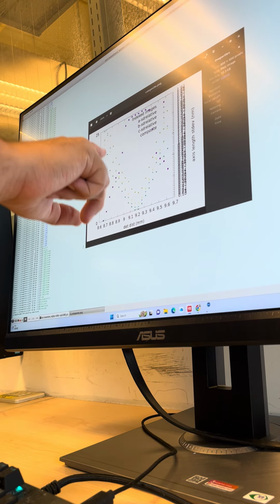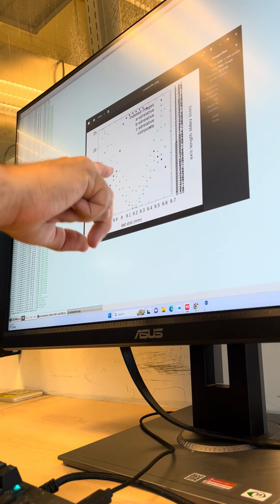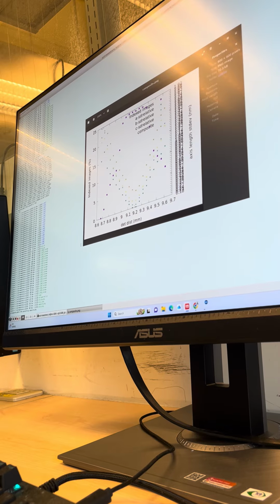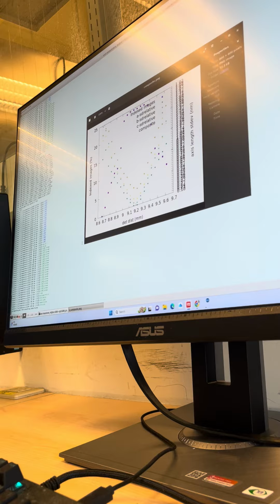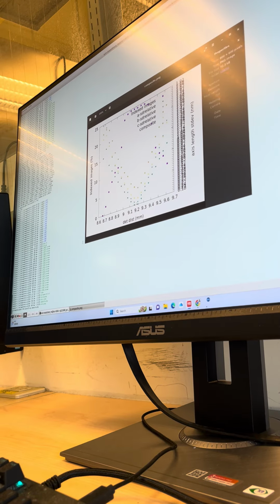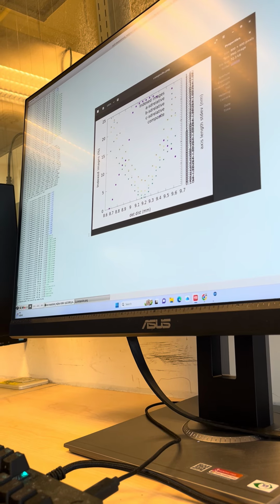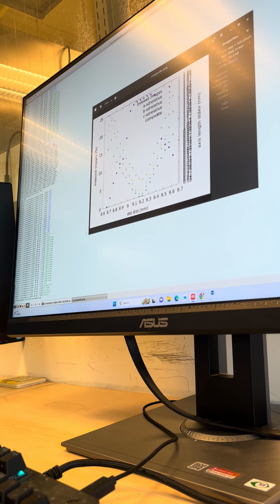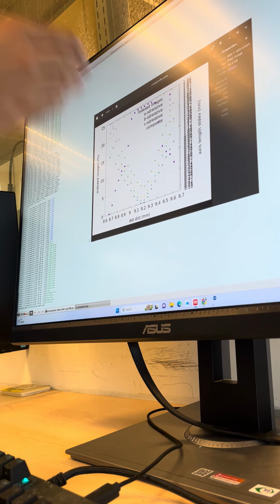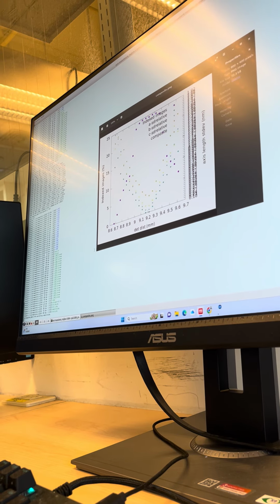So this composite is a mix of all three, and it gives you a pretty good value of where we have the smallest one. And we can see that it's very clearly at 9.22. So that means now we know quite nicely that 9.22 is the best value.